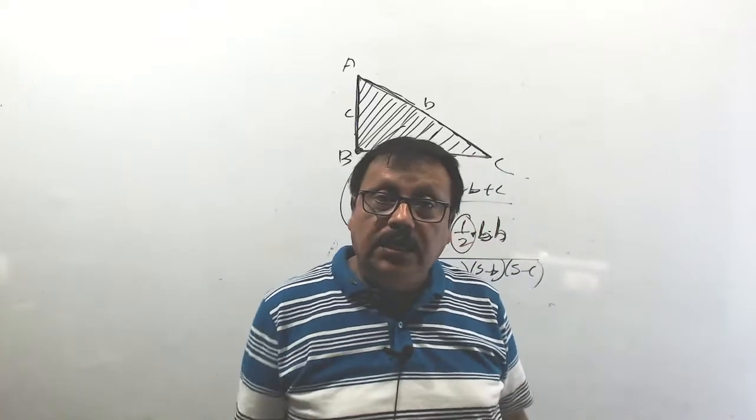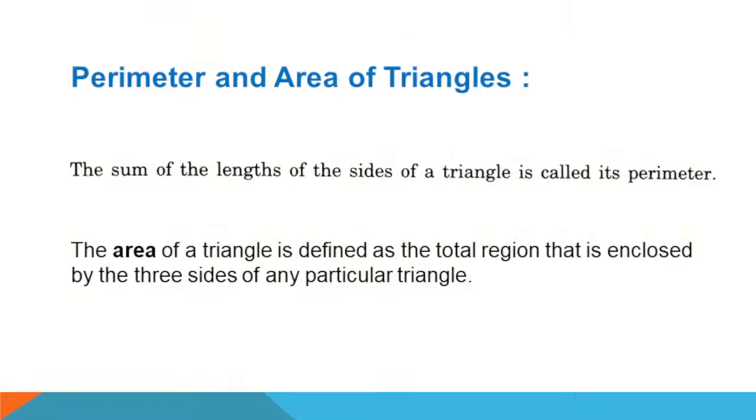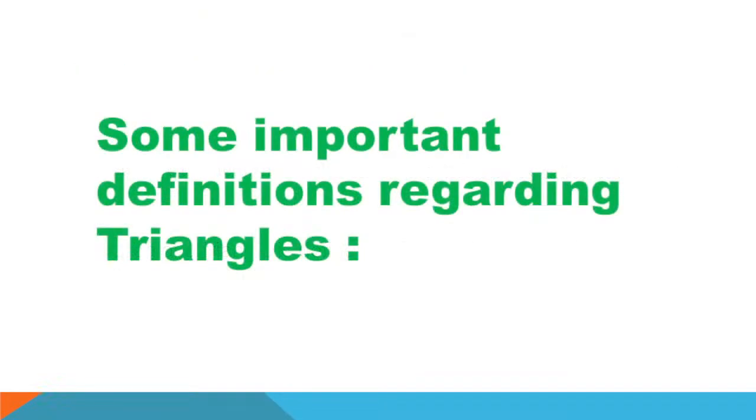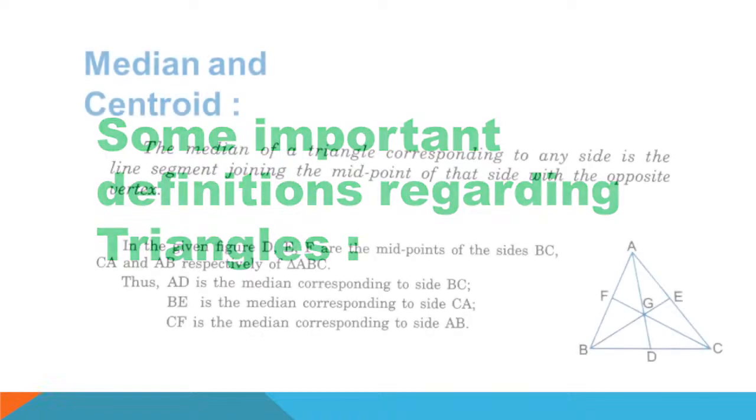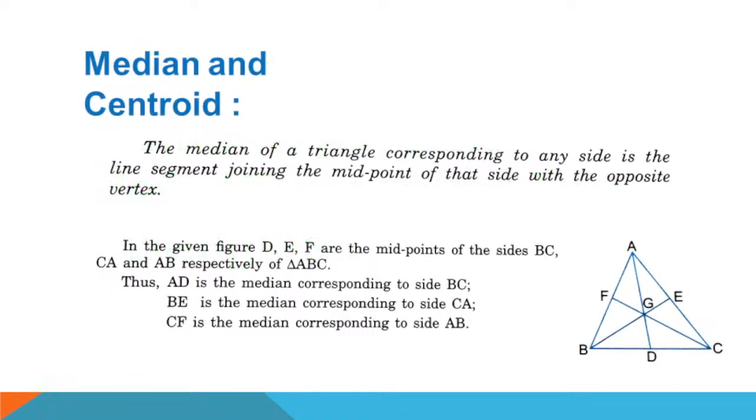So these are the area and perimeter. Some important definitions regarding triangles, very important definitions. What are these? First of all, median and centroid, very important one.